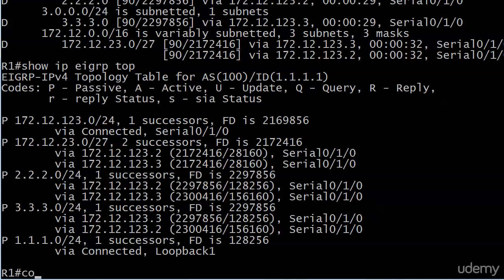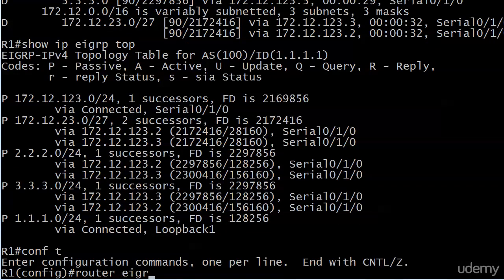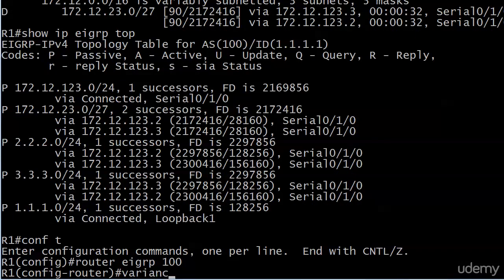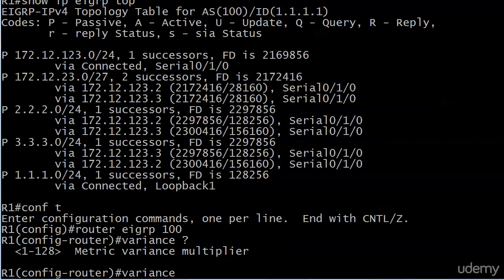So let's go ahead and look at our options for the variance command. And you'll be happy to know, frankly, they're few and far between. This is it. And you can see you cannot set it to 0. Now, when you set it to 1, which is the default value, that means you have equal cost load balancing enabled.